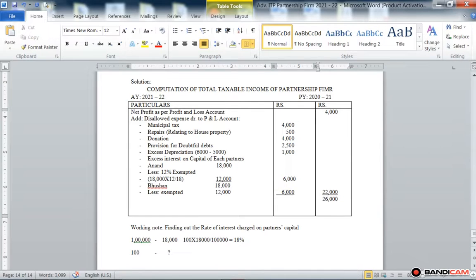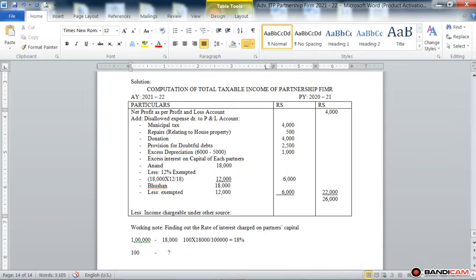Then next we deduct the income credited to the profit and loss account earned from other sources, less income chargeable under other sources.